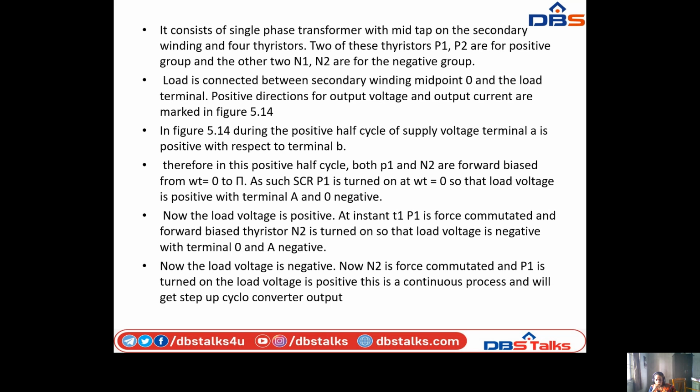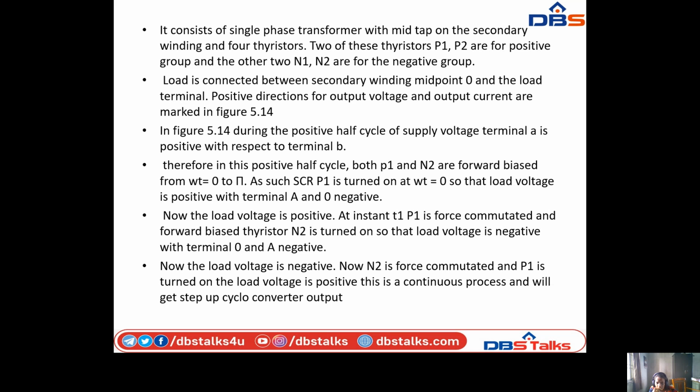From the figure, in the positive half cycle the supply voltage terminal A is positive with respect to terminal B. Therefore, in the positive half cycle, both P1 and N2 will be forward biased from omega t equal to 0 to pi, such that SCR P1 will be turned on at omega t equal to 0, so that the load voltage is positive at terminal A and O will be negative.